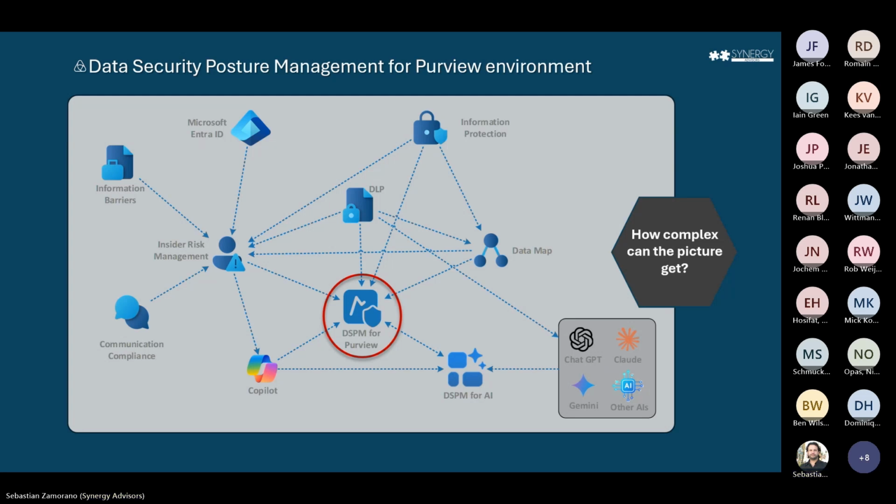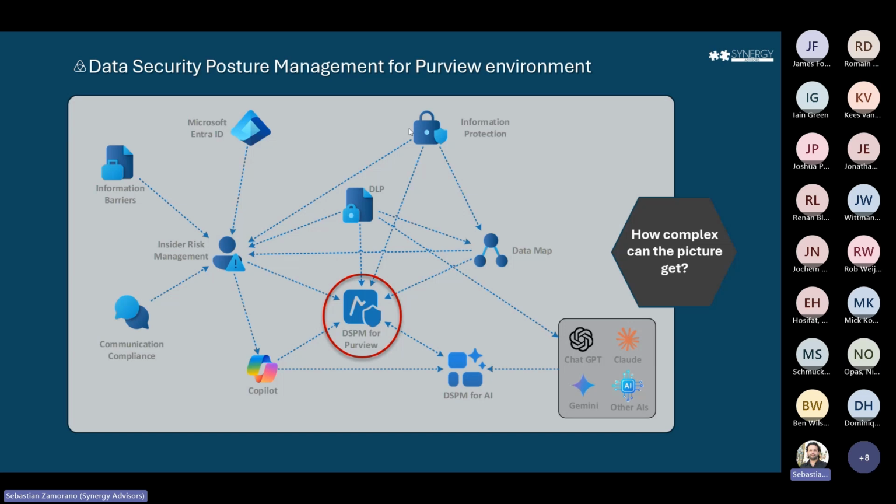In large companies, it happens that we have a team focused only on Microsoft Entra ID. We have other people focused on DLP. We have other people focused on data map. We have other people focused on information protection. Or maybe it's the same business unit, but with different groups.